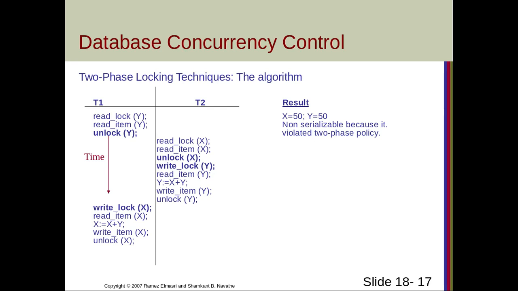In T2 you have read lock X, then after that unlock X, write lock Y, and after T2 is executed, again coming back to T1, and there you have a write lock X. See, in the first transaction T1 you have unlock Y, and then after that write lock X, and in T2 you have unlock X and write lock Y. This is not serializable because it violated the two-phase policy. Here two-phase policy is violated by T1 and T2.